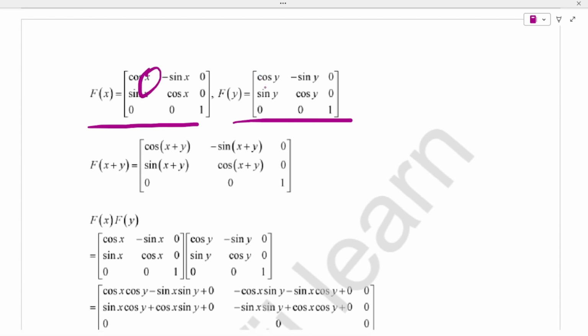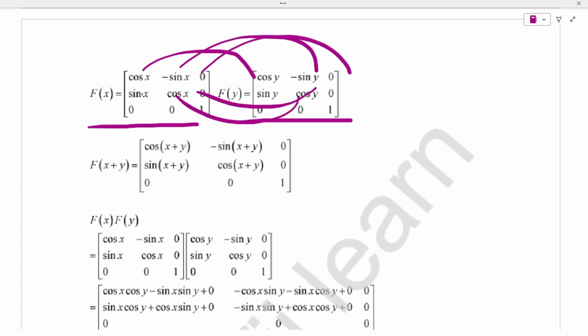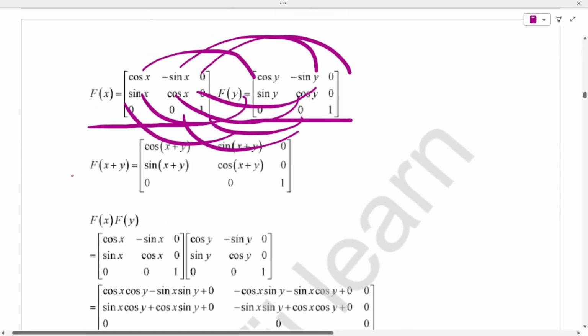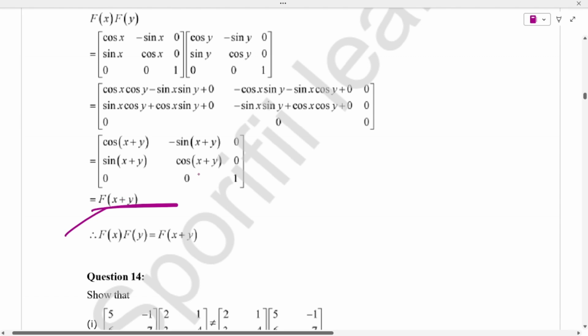Okay, now for x plus y, that means you add this, cos of x plus y and sin of x plus y, and 0 0, cos of x plus y, sin of x plus y, 0 0 1 will be remaining as it is. Now if you see, the answer will be, if you multiply, cos x cos y minus sin x sin y, 0 into 0 will be 0. That means you have to add and you will get the same matrix. Okay, see what we have got here, it will be same as here. So that is how we proved.